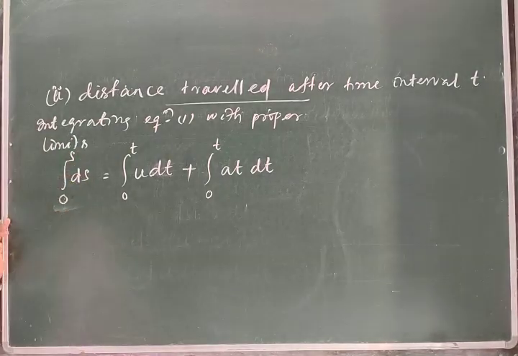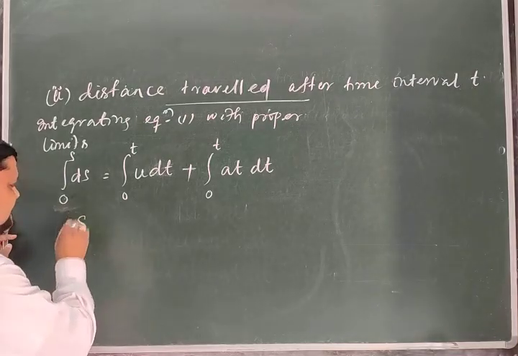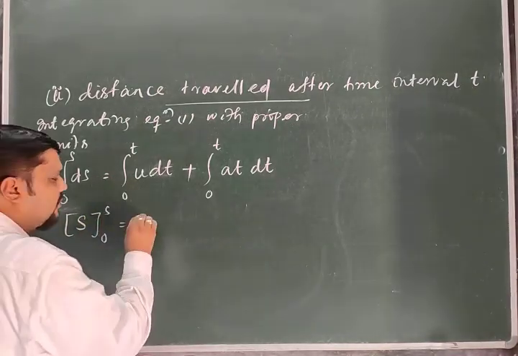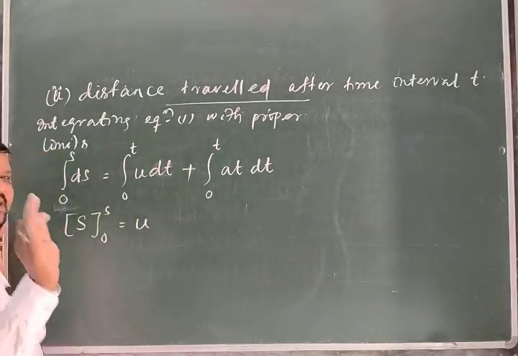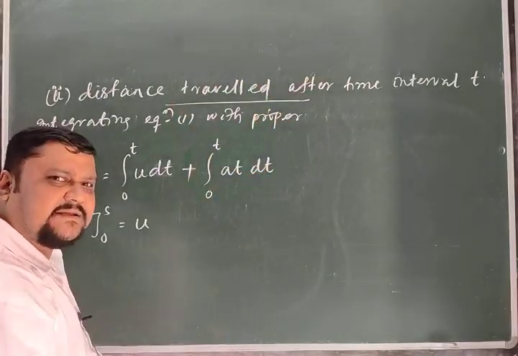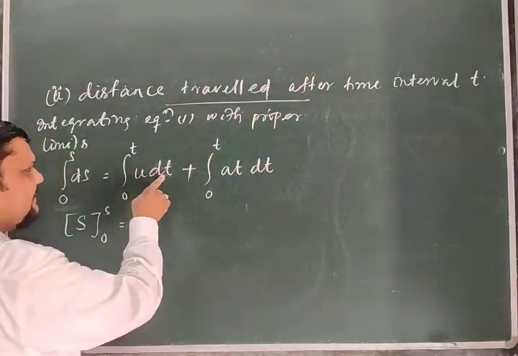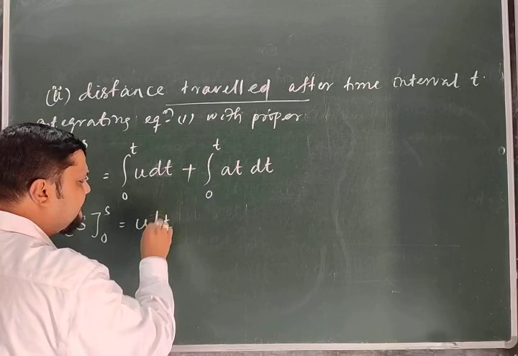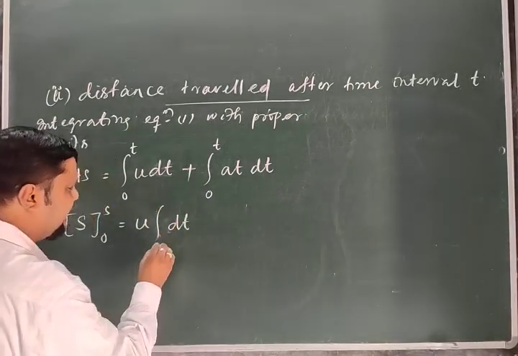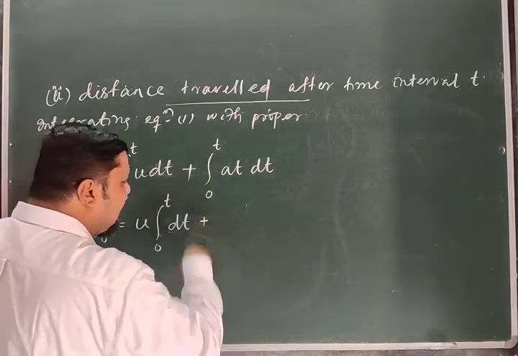So integration of ds, what is that? s with limits 0 to s. u is constant, because initially, what is the velocity? That will be the initial velocity. Then after that the velocity changes, but initially this is constant, u. Then integration of dt, t. Let me write it like this, to make it simpler, dt 0 to t. I am writing each step.